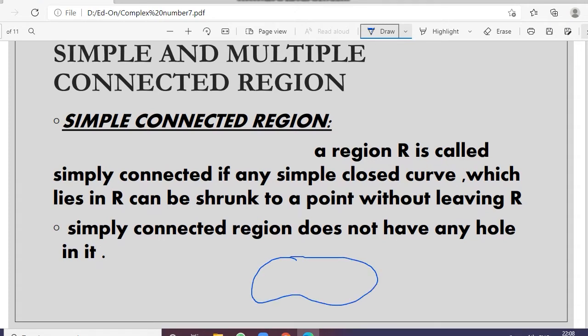If we make this curve shorter, will it turn into a point? Like we make it shorter to this, then shorter to this. Eventually it can shrink to a point. So a region which can shrink from any size to a point is known as a simply connected region.